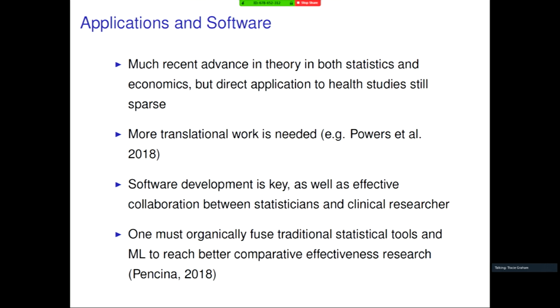And the last point, which I think Michael will also make, is that one must organically fuse traditional statistical tools and machine learning to reach better comparative effectiveness research. By traditional statistical tools, in this specific context, I mean the general framework of potential outcomes, the counterfactual framework for causal inference.